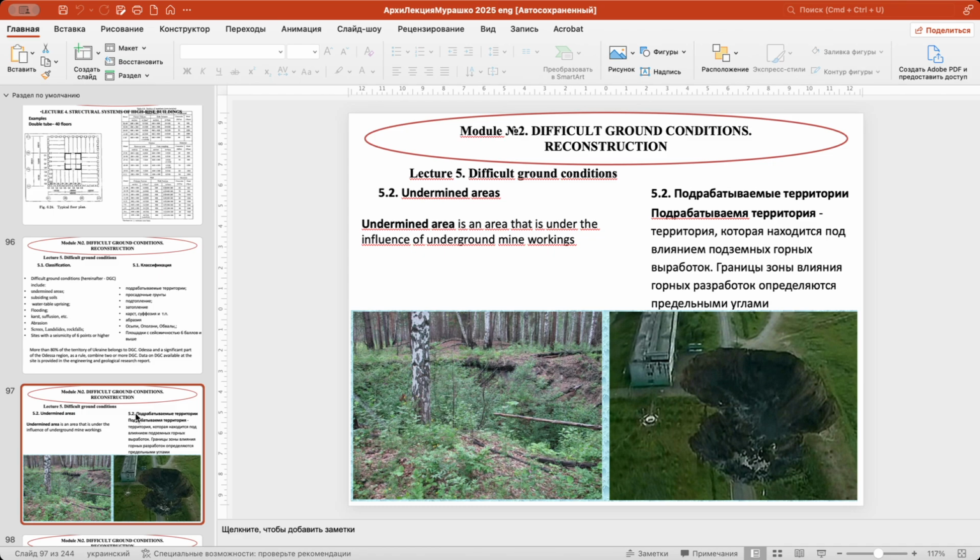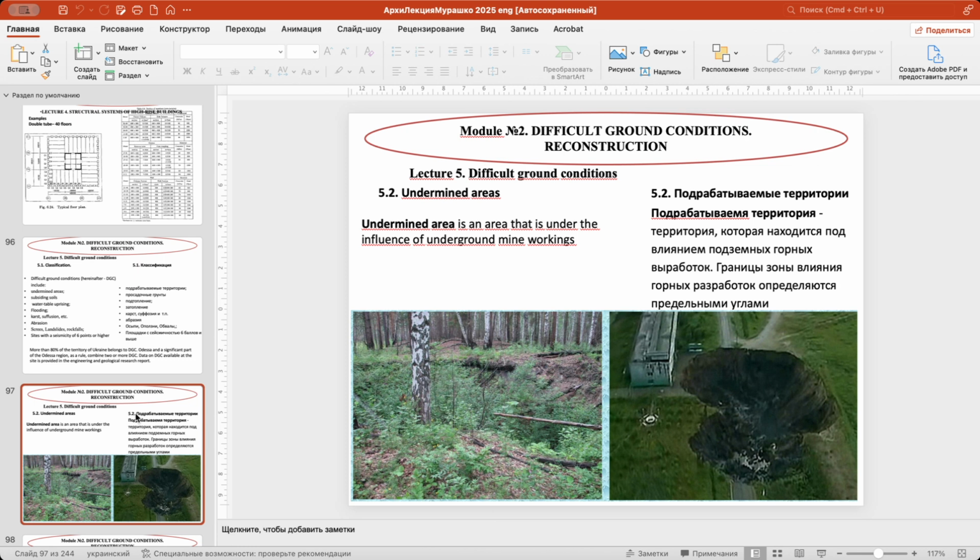The first difficult ground condition which we will consider today is called undermined territories. An undermined territory, or undermined area, is an area that is under the influence of underground mine workings.